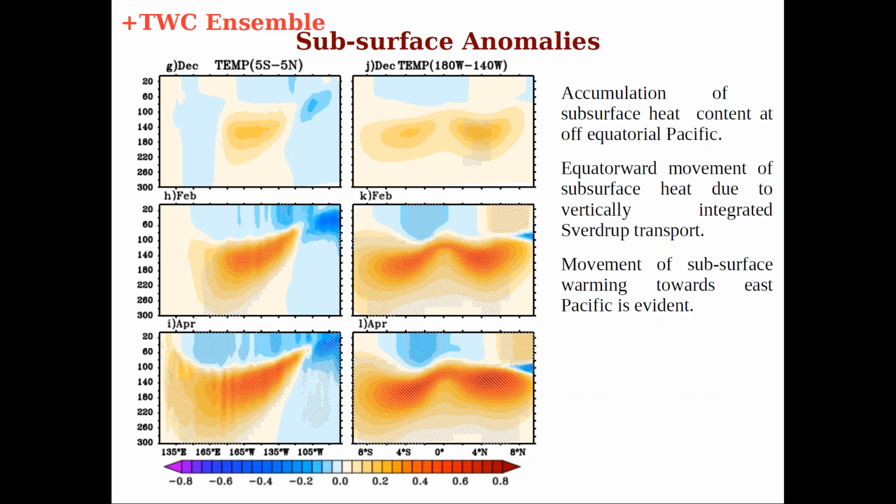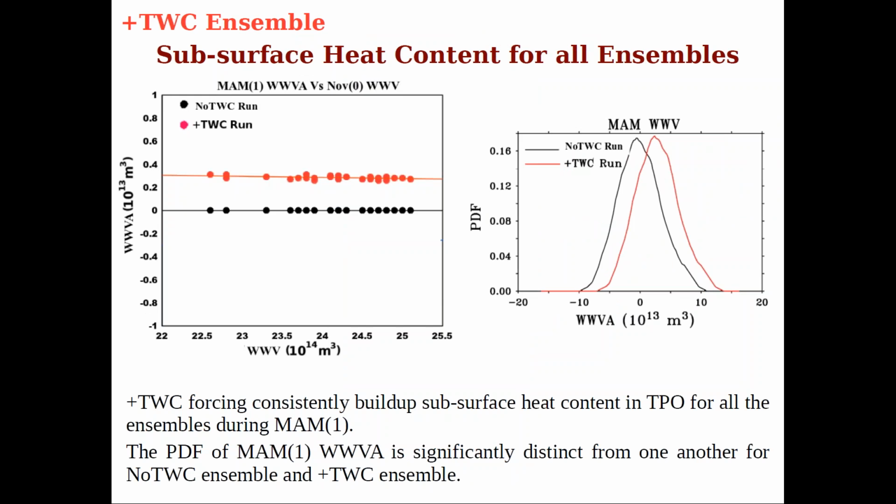When we started the forcing, there is a building up of warm water volume or heat content in the subsurface Pacific, mainly in the off-equatorial region, then it propagates towards the equator, and at the end of the forcing there is a strong charging in the equatorial Pacific, which was our main aim: to produce a charged equatorial Pacific.